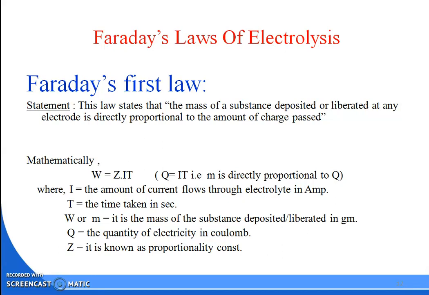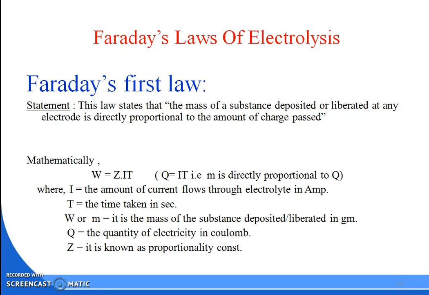One is Faraday's first law, another one is Faraday's second law. In first law he said that the mass of the substance deposited at cathode or liberated from anode is directly proportional to the rate of flow of electrons, that is the amount of charge passed.